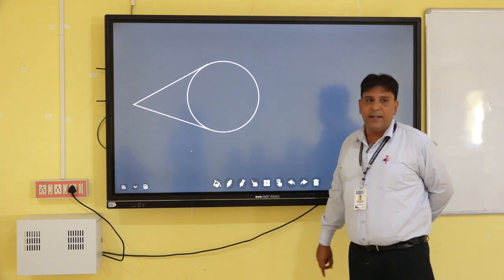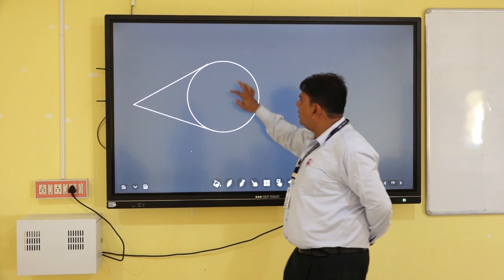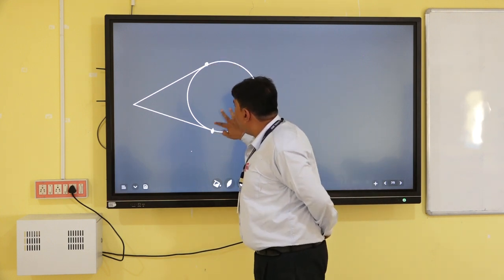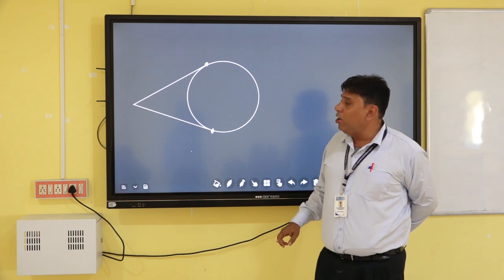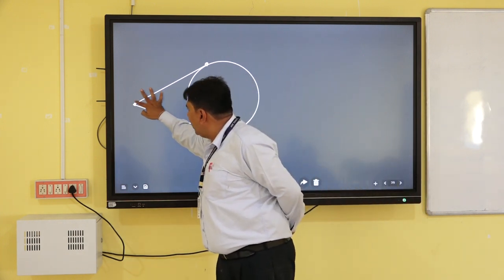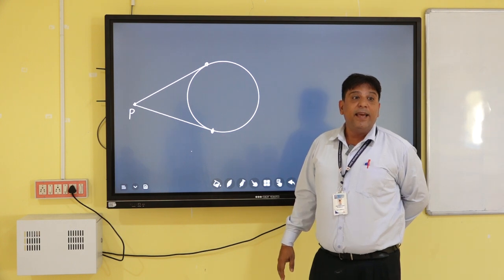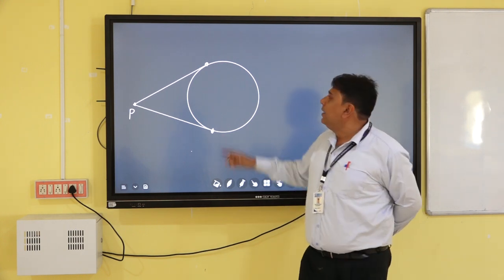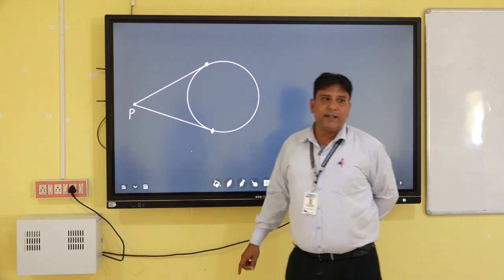These 2 points will be called points of contact, and this point will be called the external point.